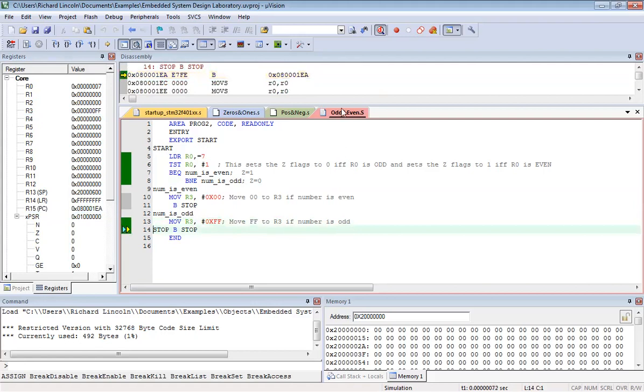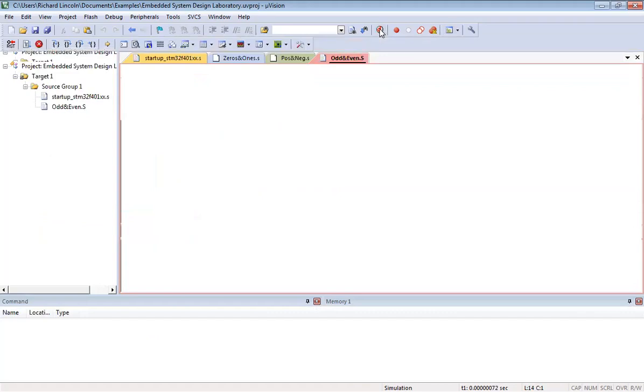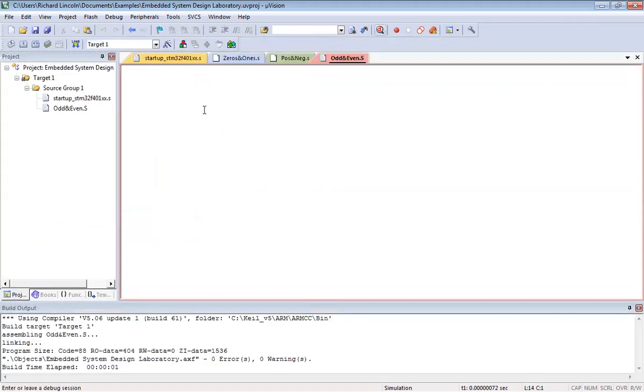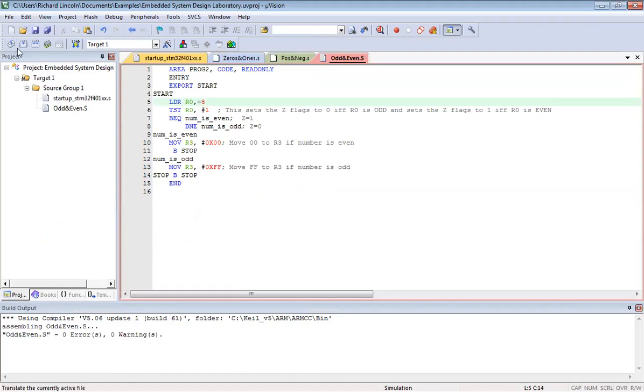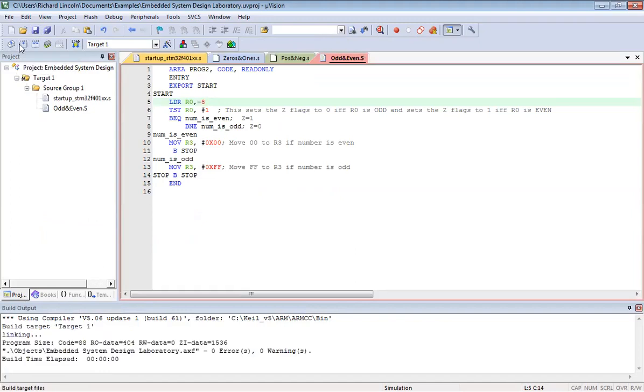Now let us give another number and check. Let's probably give 8. Build it into debug.